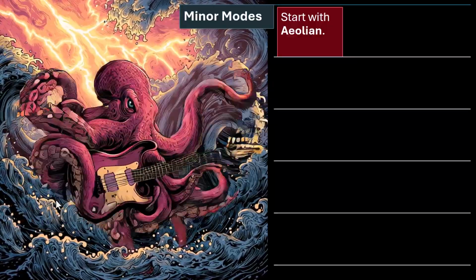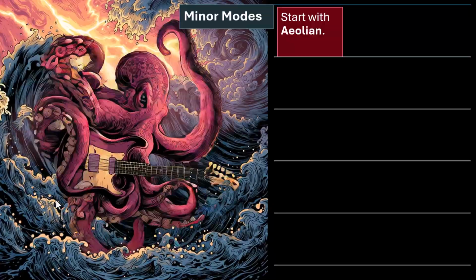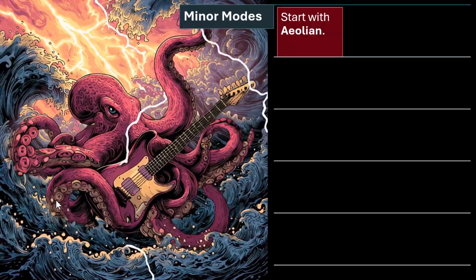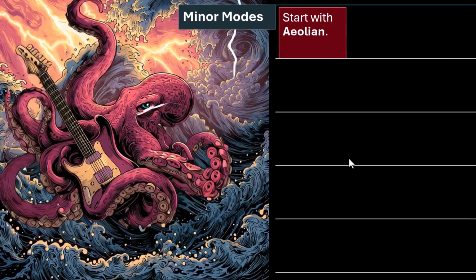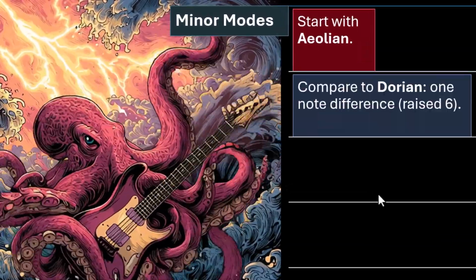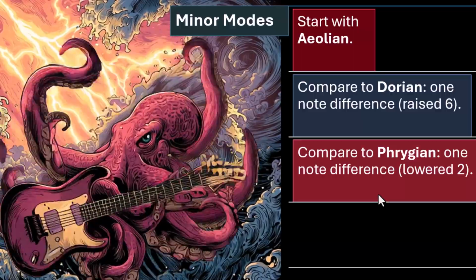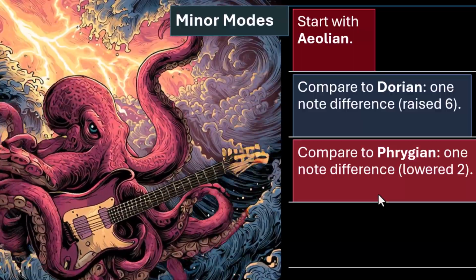But it does make sense because we like using the Aeolian more than the Phrygian, and the Aeolian has similar properties in that if we compare the Aeolian to the other 2 minor modes, which are the Dorian and the Phrygian, there's also only 1 interval difference.